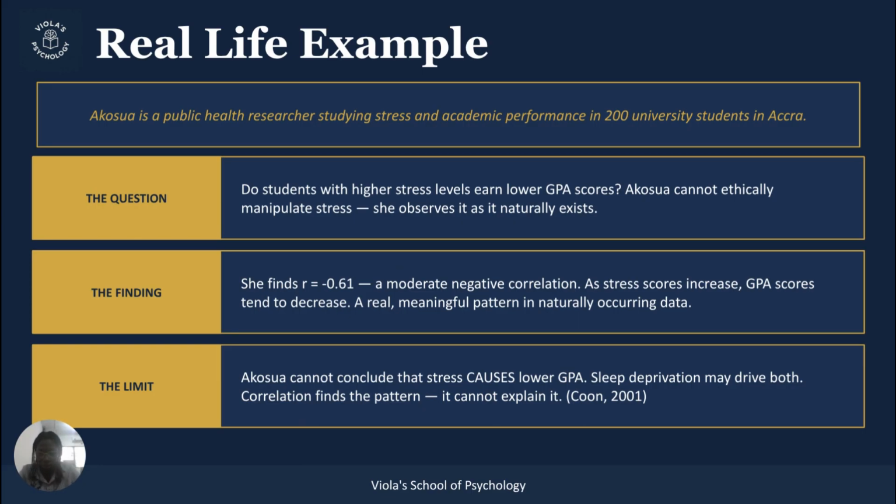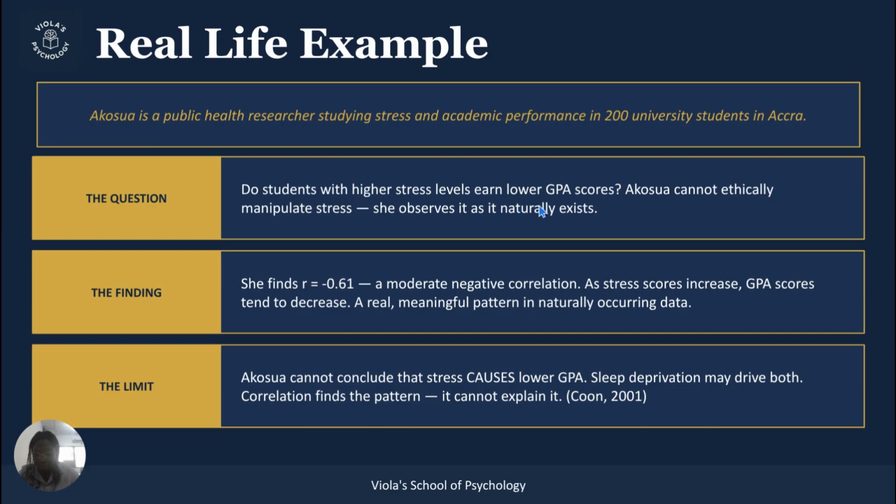Meet Akosia. Akosia is a public health researcher investigating whether stress levels are linked to academic performance among 200 university students in Accra. She cannot ethically manipulate stress, or assign one group of students to be stressed and another to be calm.